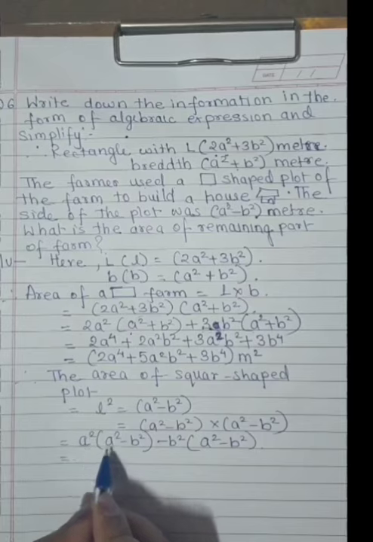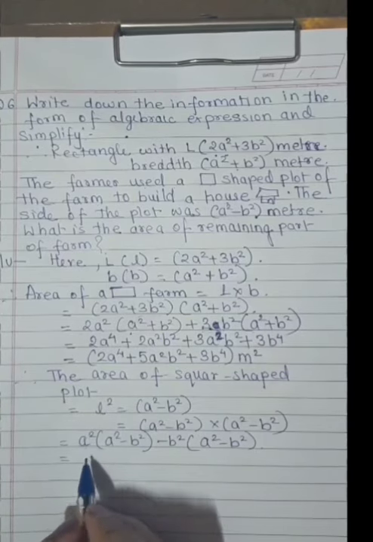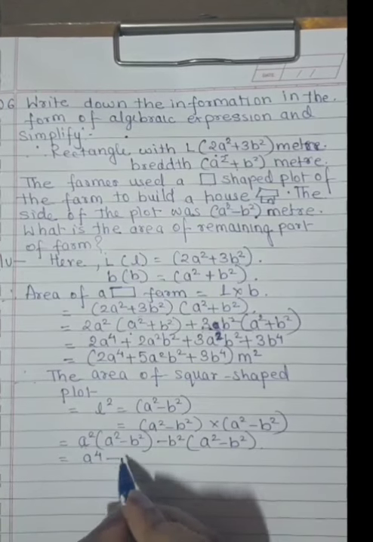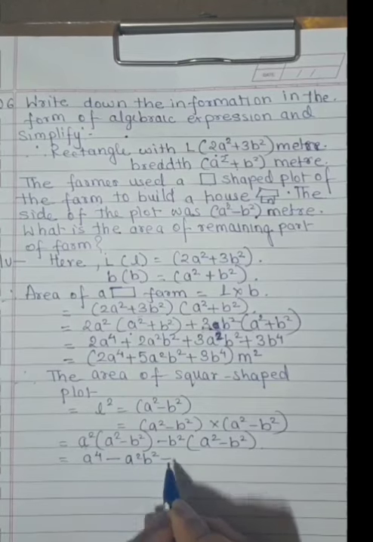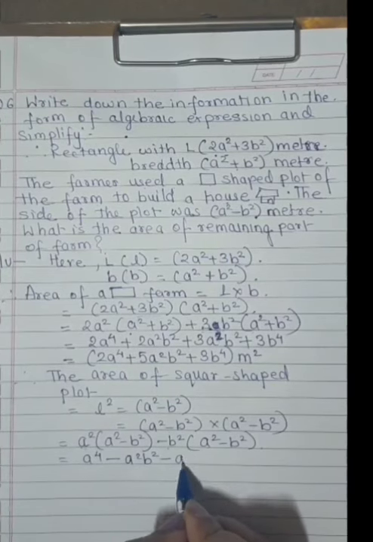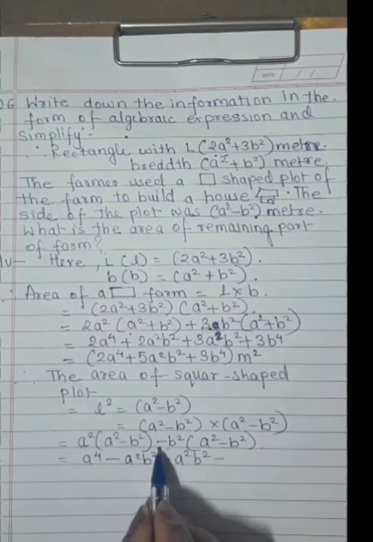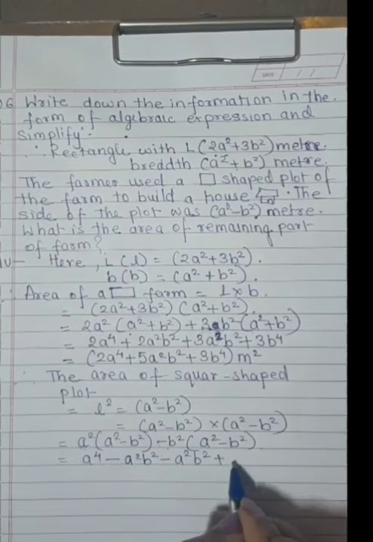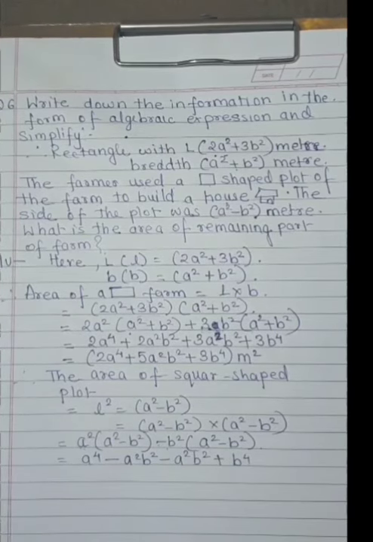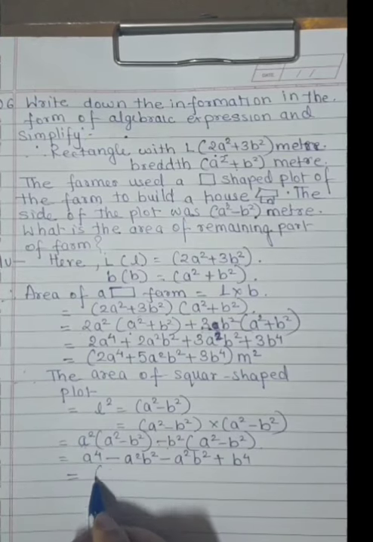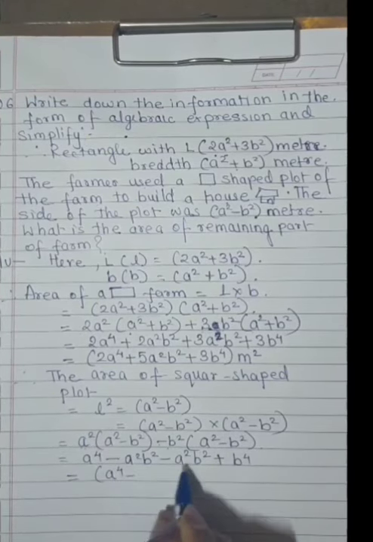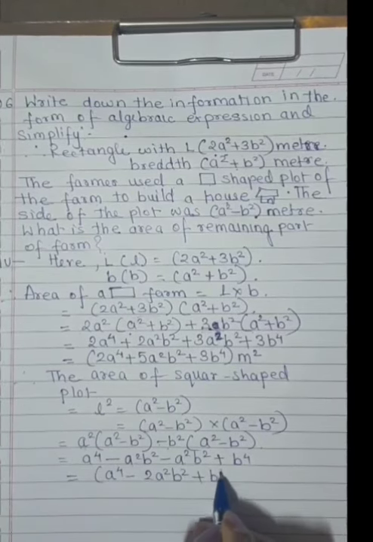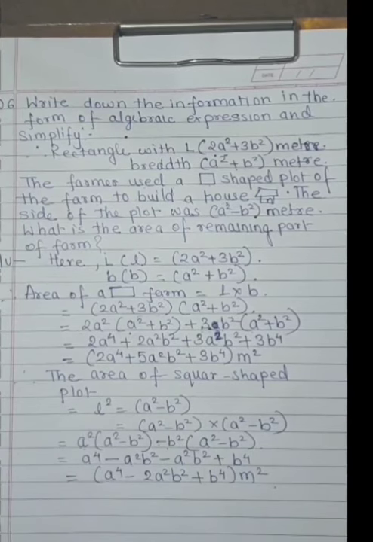Now we will get a into a square into a square will be a to the power 4, then again minus a square b square, again minus, again this both multiply will get a square b square, again minus minus will become plus, then b to the power 4. Now after this the next step will be a to the power 4 minus 2a square b square plus b to the power 4 meter square.